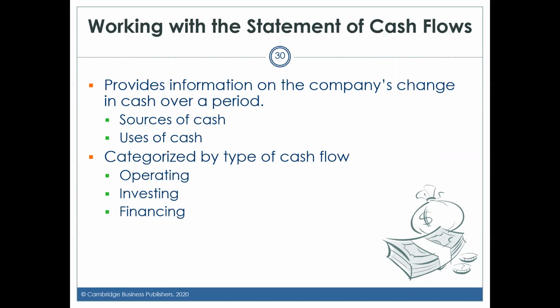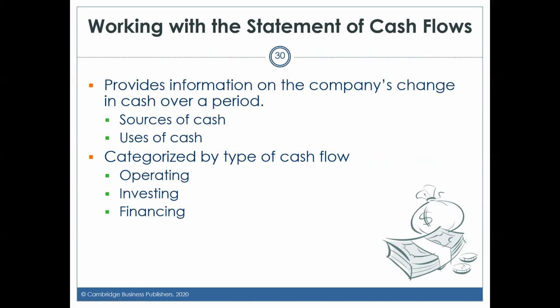So the statement of cash flows will put that $100 increase into 3 categories: operating cash flows, investing cash flows, and financing cash flows. Remember, operating cash flows are any cash inflow or outflow that arise from our normal operations.